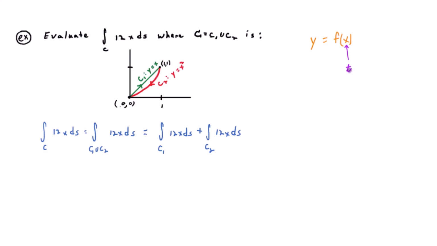Especially when you're in the plane, that's what this really applies to. So in this case, the input variable is x, so you're going to let x equal t, and then automatically y is f of t. And so your vector valued function, if you want to write it that way, is just <t, f(t)>.